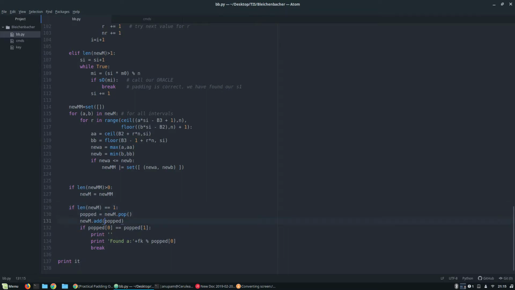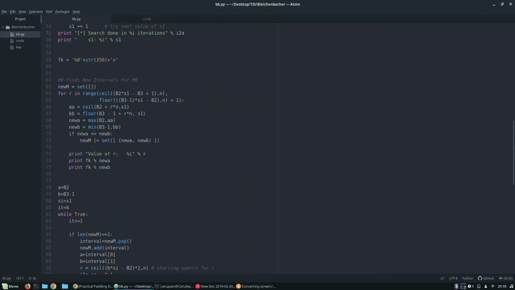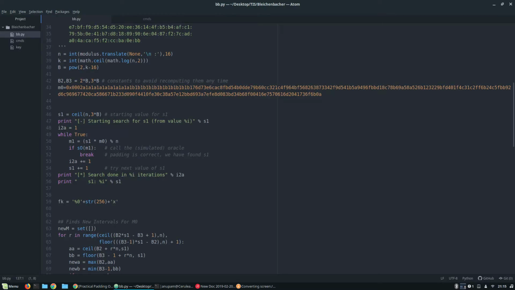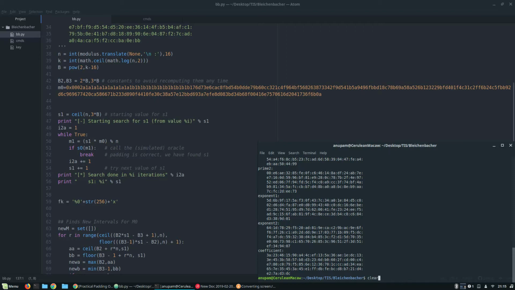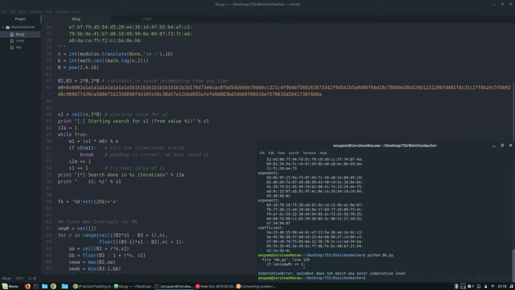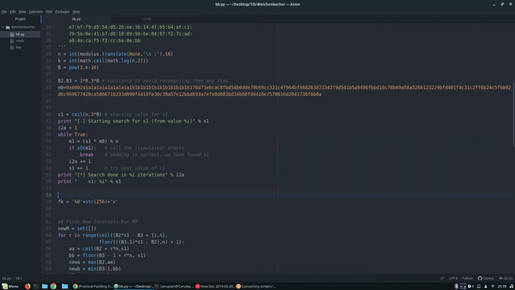If we only have a single interval and it is the same, then we have found the message that we are looking for. So we are going to print it, and we are also going to print the number of iterations it took. Let's go and run the code and see what happens. Oh, looks like I made a mistake.